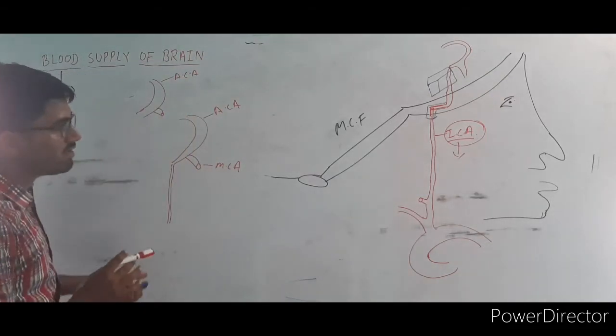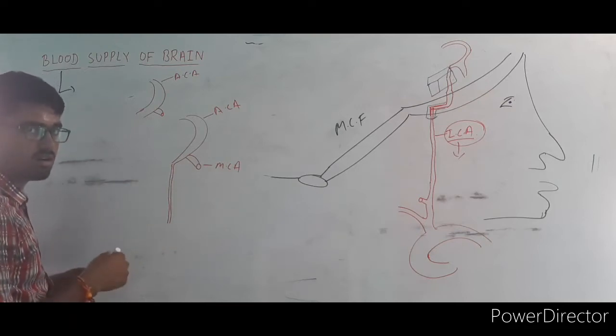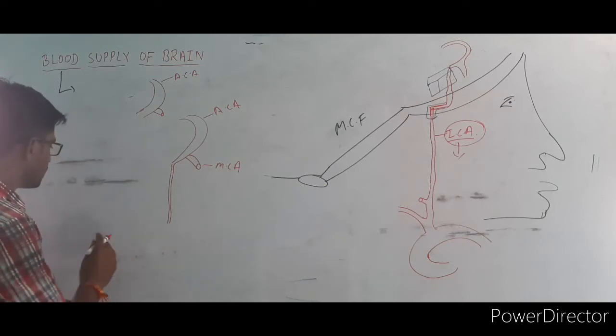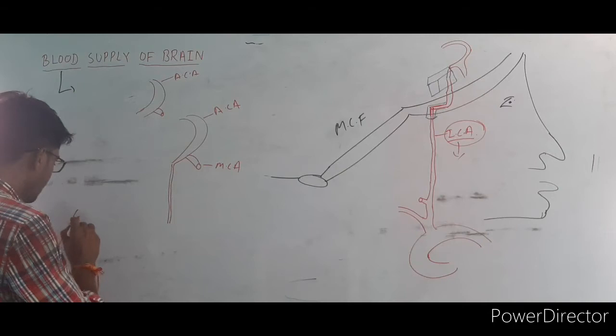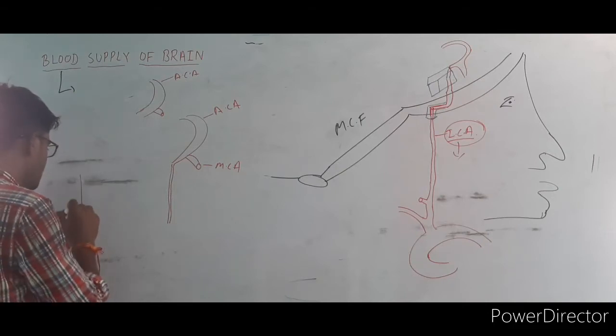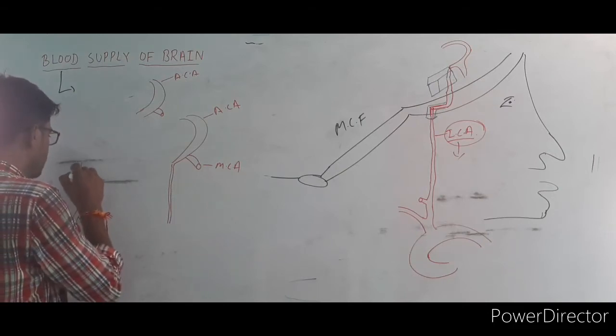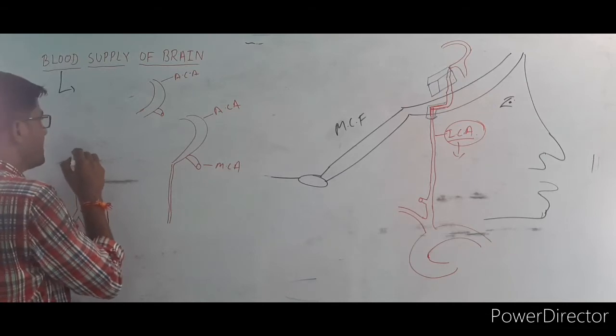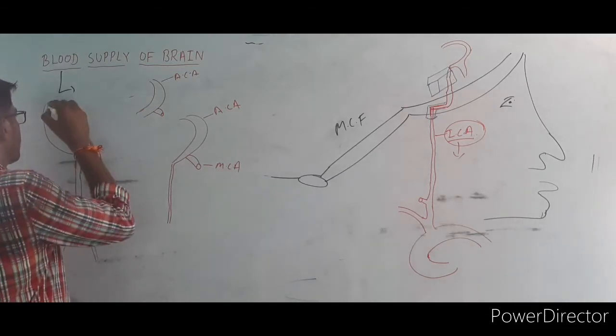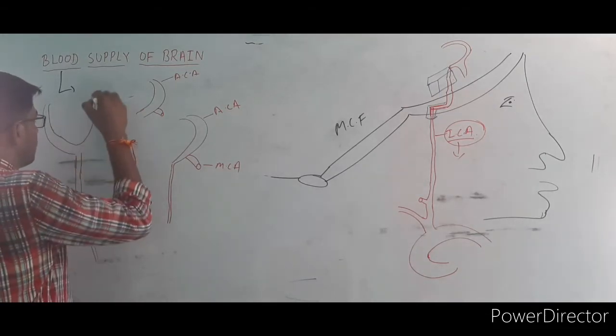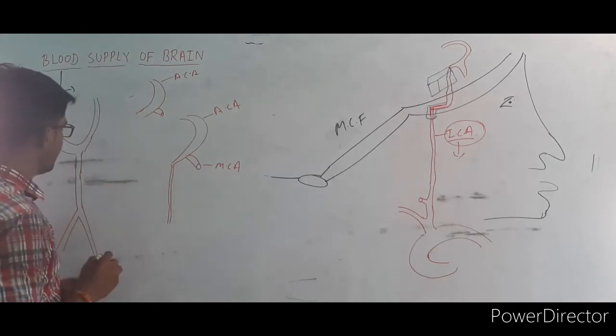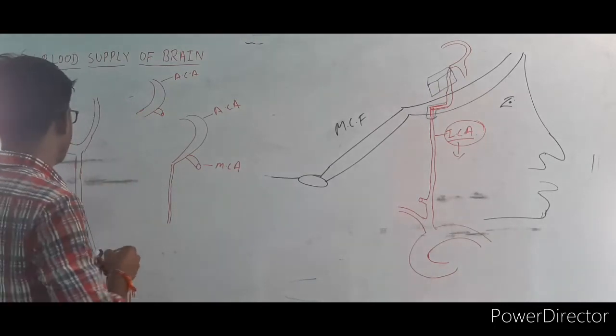Now can you tell me the vertebrobasilar system? Here are the two vertebral arteries and this is the basilar system, and it gives its terminal branches, right?